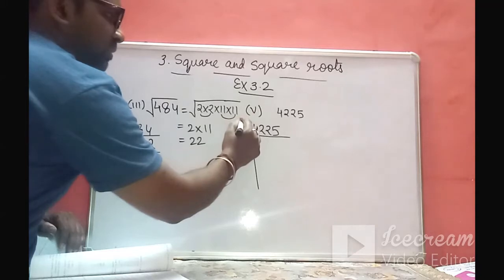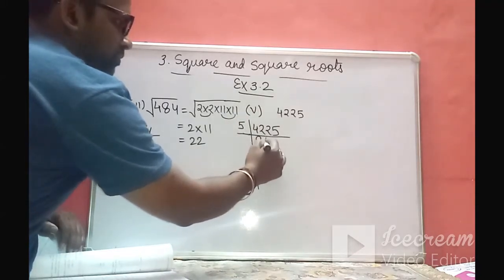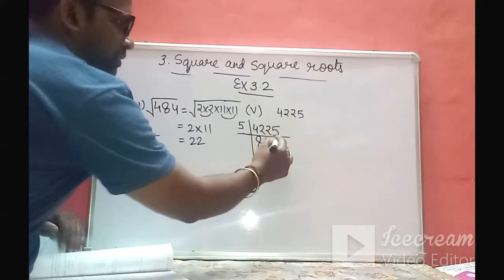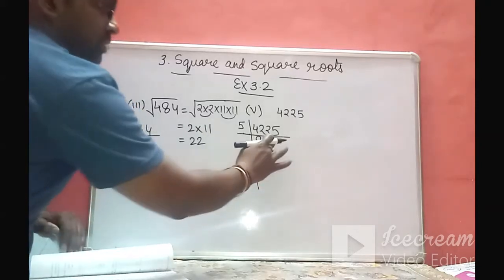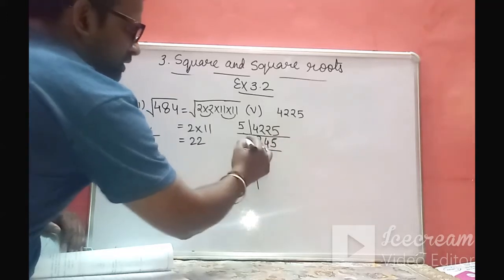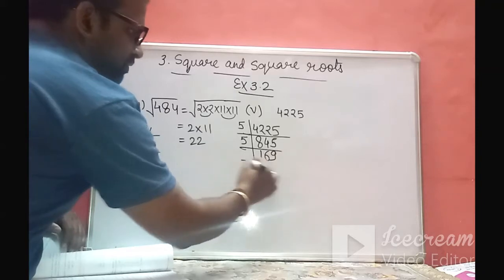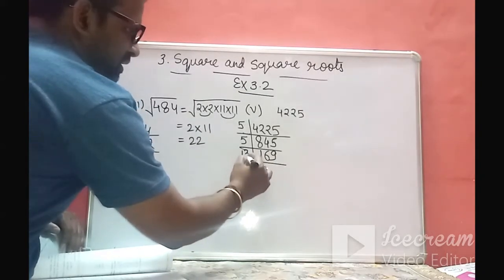So it is divisible by 5. Then 845, again it is divisible by 5. Now 169 is divisible by 13.